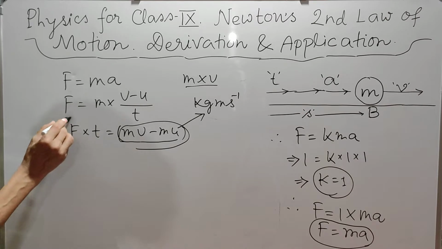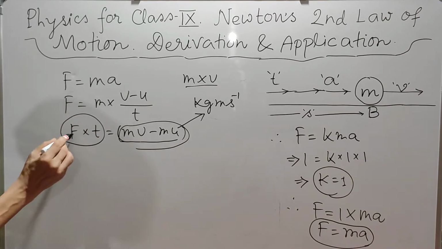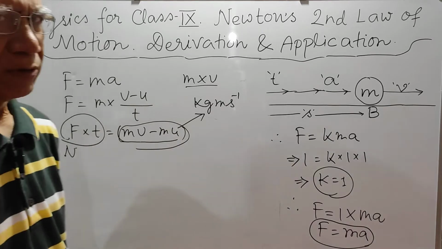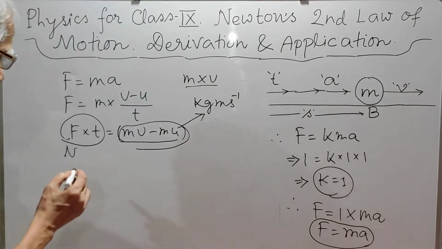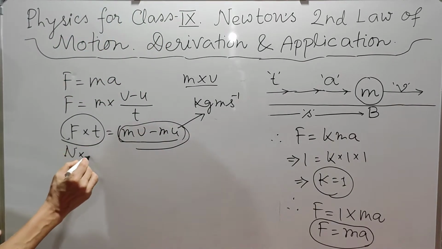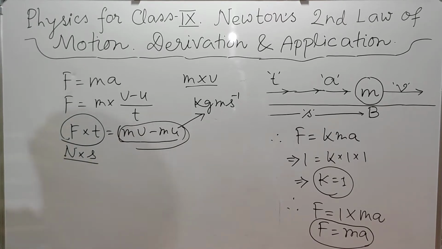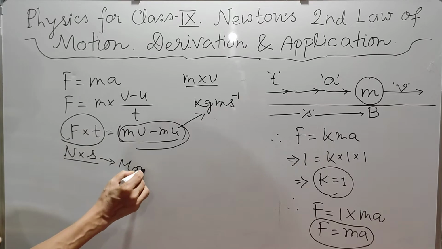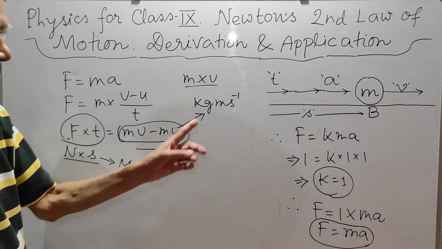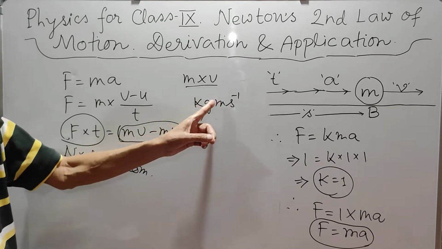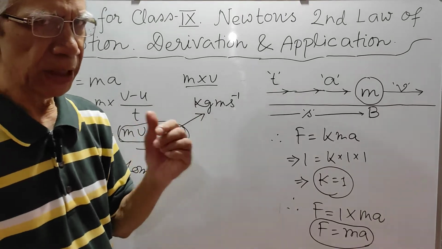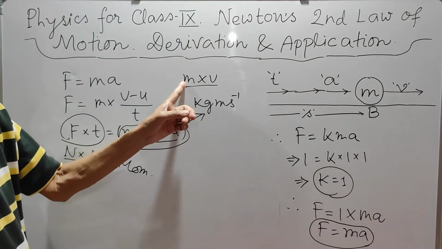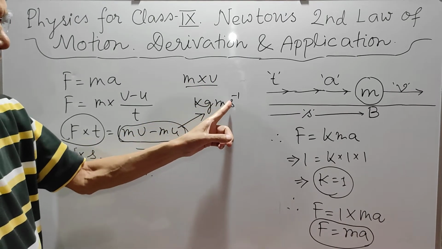But that is equal to also F t. Now what is F t? F is Newton. So the SI unit of force is Newton. Newton into time, time is second. So Newton second. So this is another unit of momentum. So momentum has two SI units. The main SI unit of momentum is mass into velocity, that is kg meter per second.